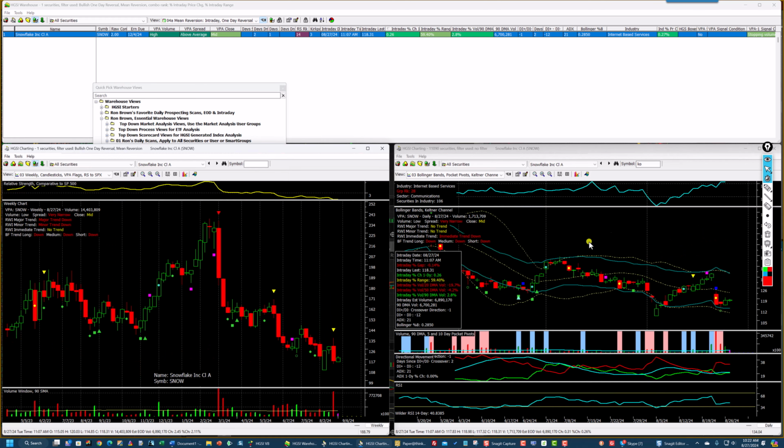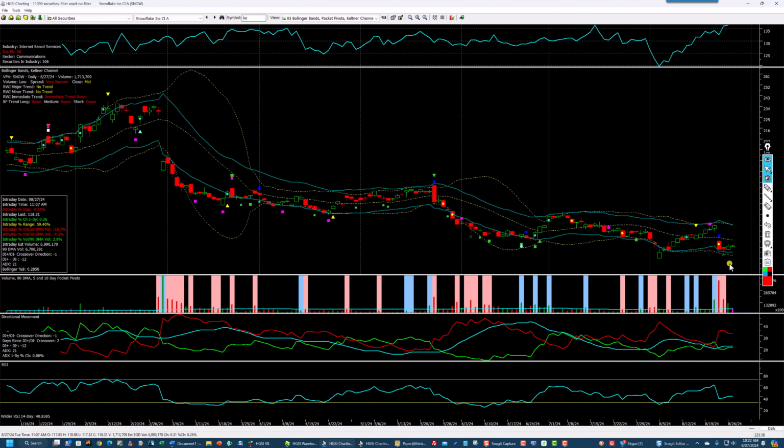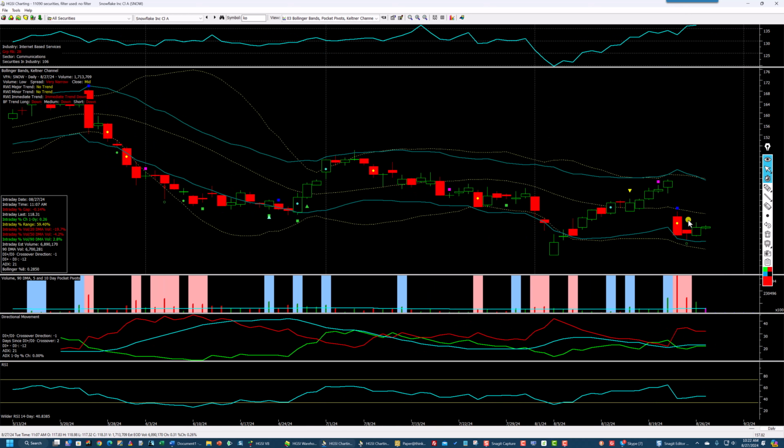But if I bring the chart up, you can see that there was a one-day reversal on here, and it's trading down near the Bollinger Band and had stopping volume the day before. I'm going to zoom in on this so you can see this better. Stopping volume. Here's the one-day reversal. Went from bearish to bullish, and it's trying to go higher.